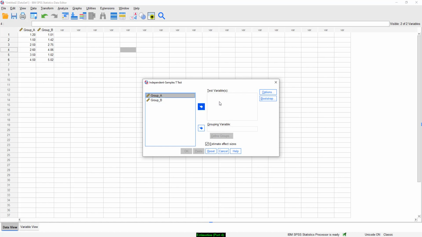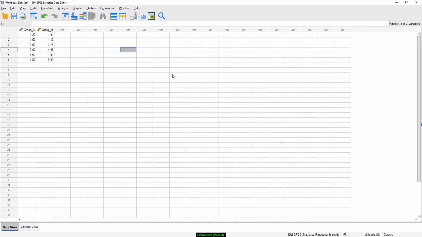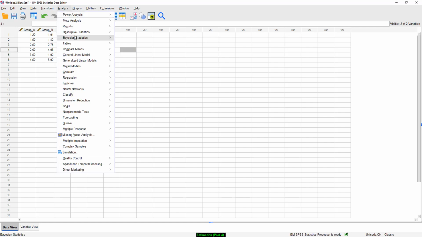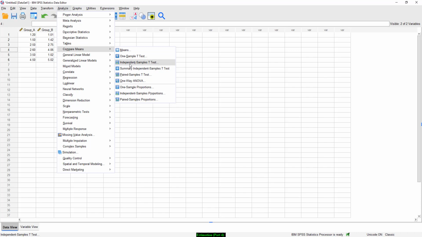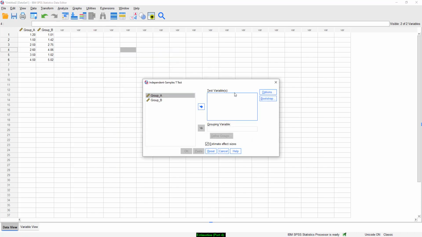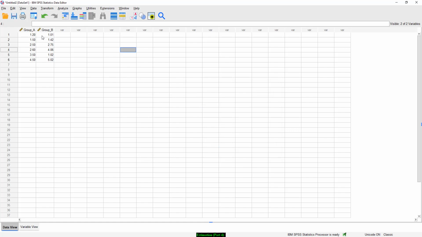In SPSS, keying in the data like this is not possible, because it needs two variables: one categorical variable and one continuous variable. We have the test variable, which is numerical, and the grouping variable, which is categorical. So this kind of format is not acceptable in SPSS.